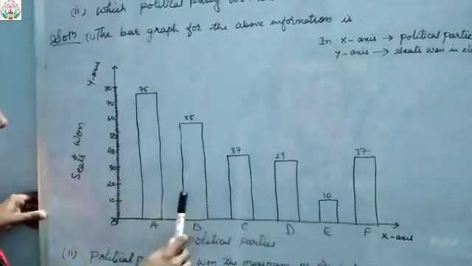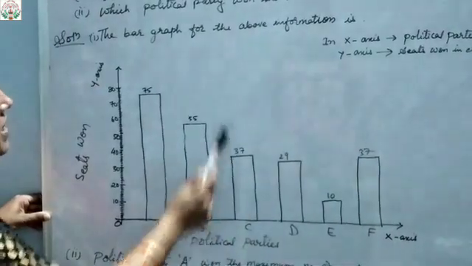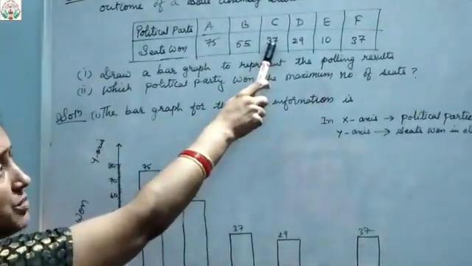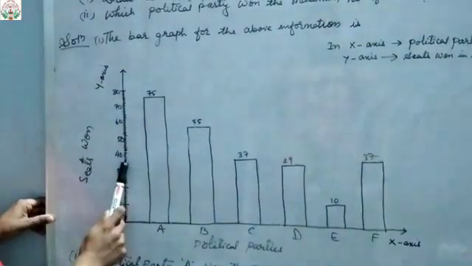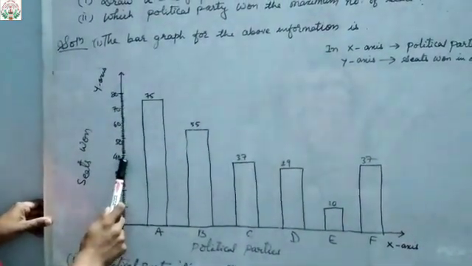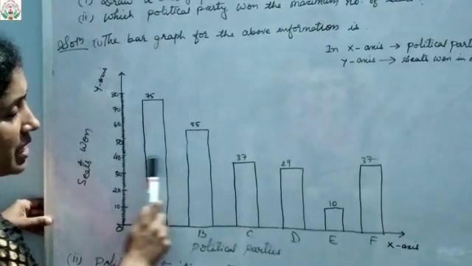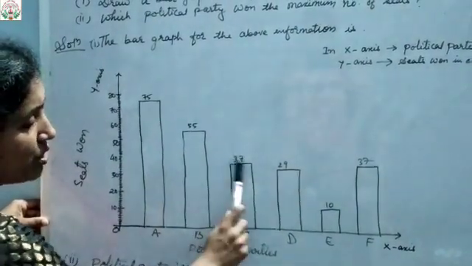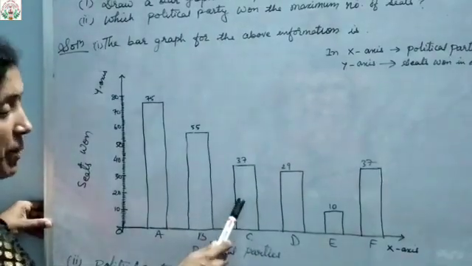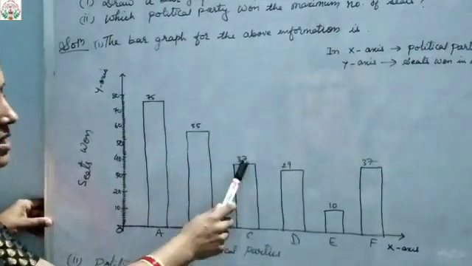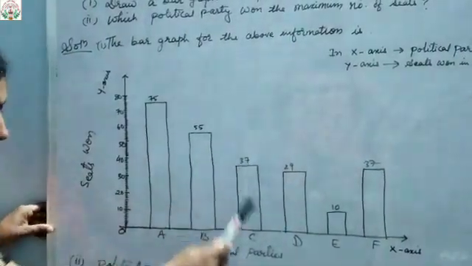What will we mark? 55. Okay. Same way, C political party, what is the number of seats won by C political party? That is 37. So after 30, 1, 2, 3, 4, 5, 6, 7. Count 7 and with the scale measure and draw a rectangular box with the scale and pencil. Okay, draw the bar graph and mark it as 37 on the top.